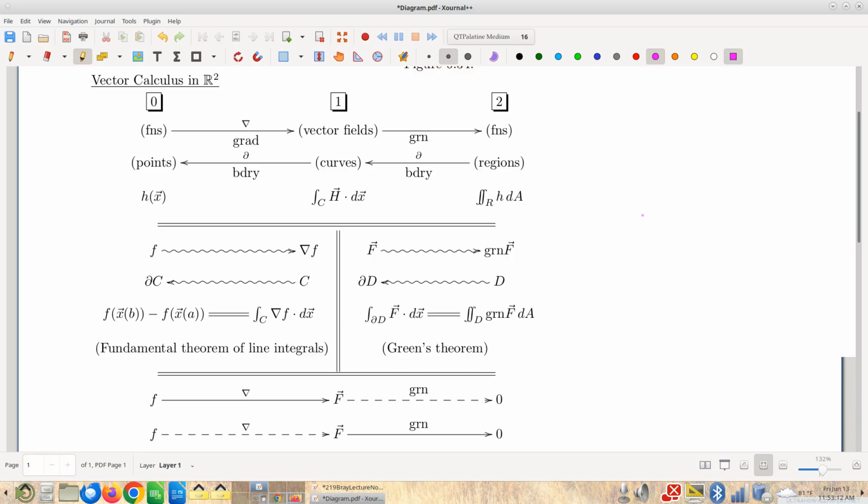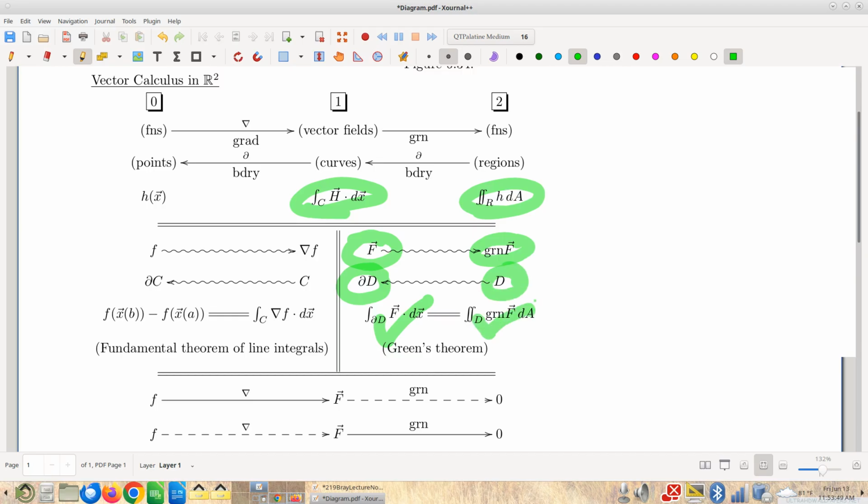The very first of these theorems that we talked about was Green's theorem. And here, I'll do that in green. How about that? Green's theorem, you'll recall, if you take a vector field and compute Green's operator of it, and then if you take some two-dimensional region and you look at the boundary curve of that region, Green's theorem says that the line integral of the original vector field over the boundary curve and the double integral of Green's operator, the double integral of curl over your original two-dimensional region, are the same.